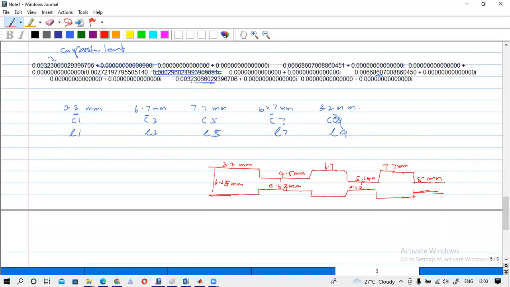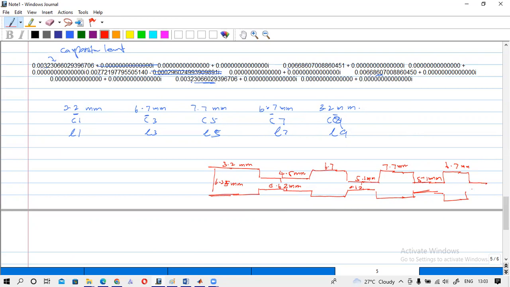Then again you will have a capacitor section like this. What is the length of this capacitor section? That is 6.7 millimeter.